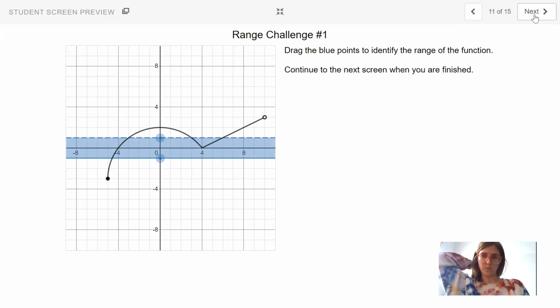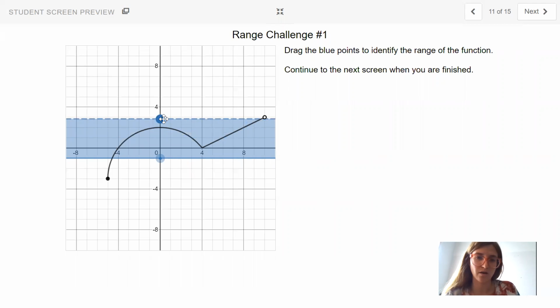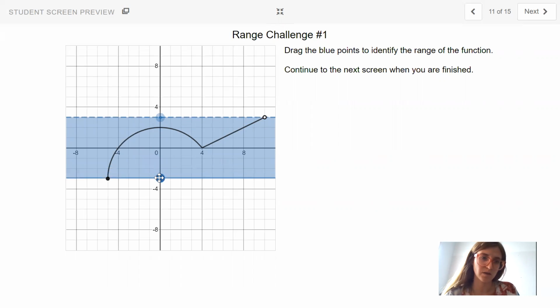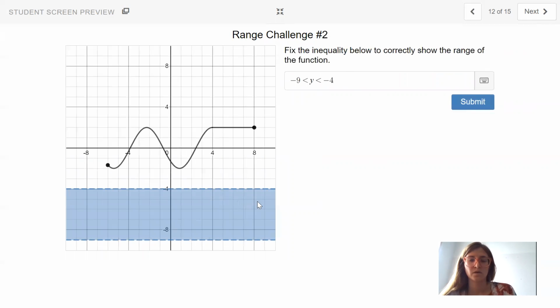So assume it's a closed dot unless you see an open dot. Let's drag the blue points to identify the range of this function. So range now is possible y values. Again, the dotted line corresponds with our open circle, and the solid line corresponds with the closed circle. Let's fix the inequality below to correctly show the range. The range is going to be from up here to down here. I'm going to include this lowest value and this highest value.